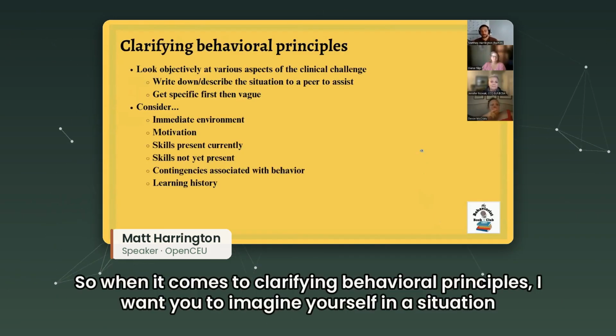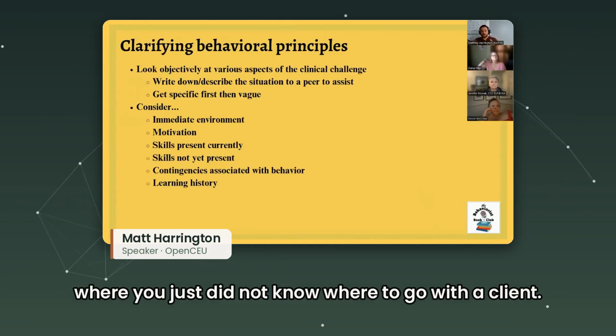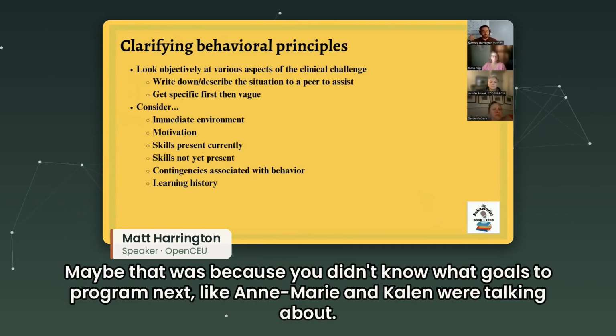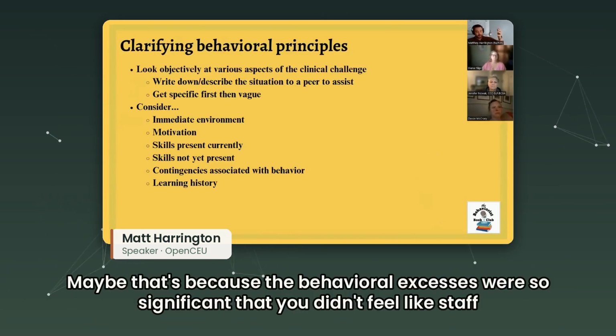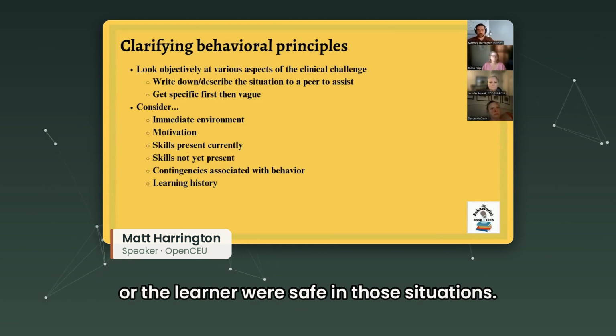So when it comes to clarifying behavioral principles, I want you to imagine yourself in a situation where you just did not know where to go with a client. Maybe that was because you didn't know what goals to program next, like Anne-Marie and Kaylin were talking about. Maybe that's because the behavioral excesses were so significant that you didn't feel like staff or the learner were safe in those situations.